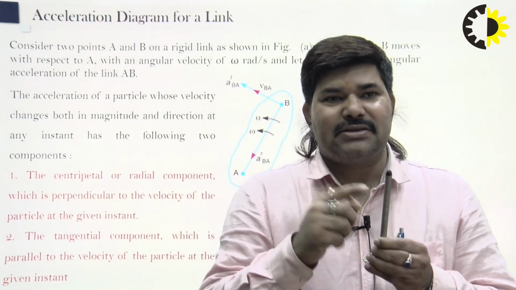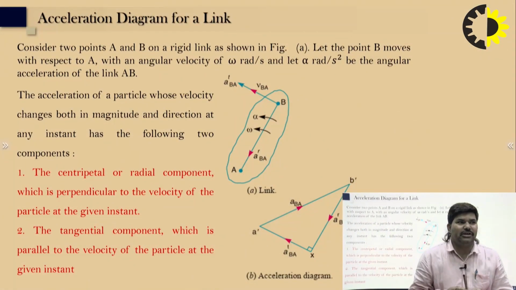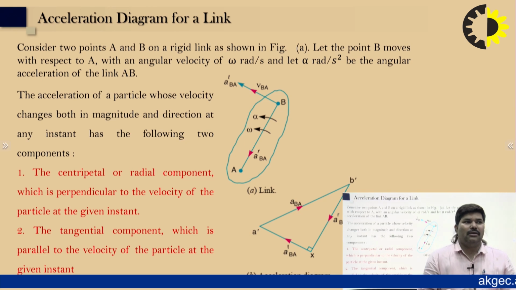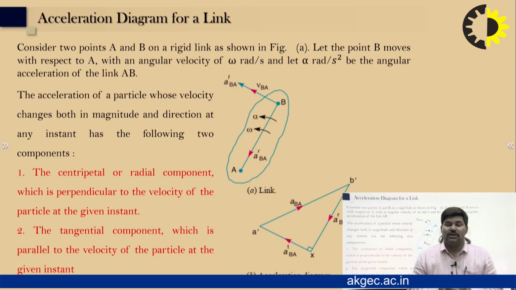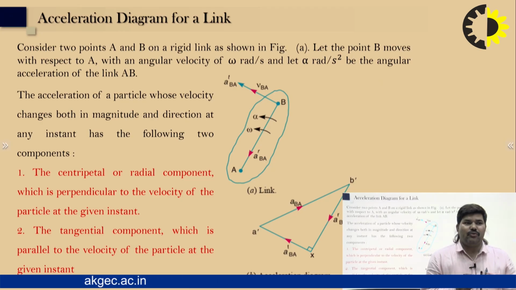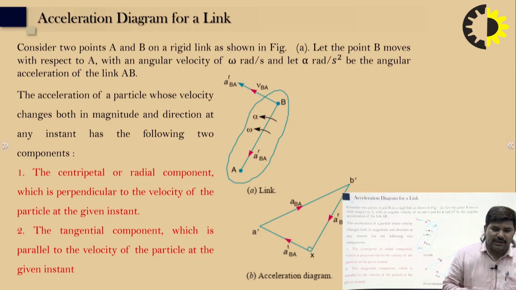The acceleration of a particle whose velocity changes in both magnitude and direction has two components. One is the centripetal or radial component, which is perpendicular to the velocity of the particle at the given instant, and the second is the tangential component, which is parallel to the velocity of the particle at the given instant.